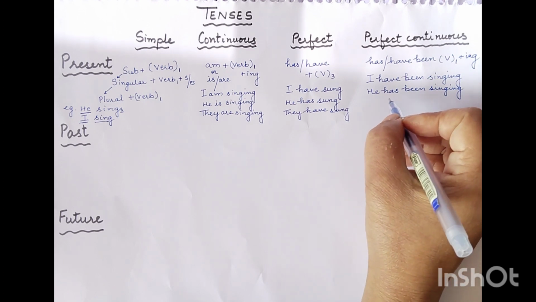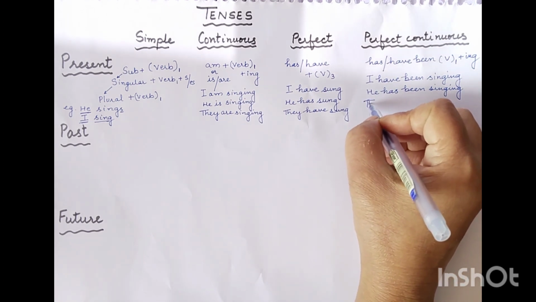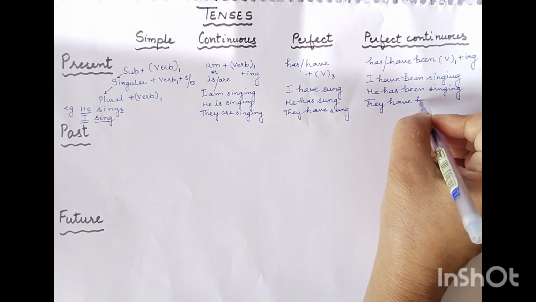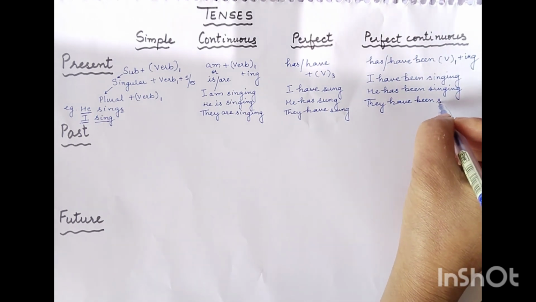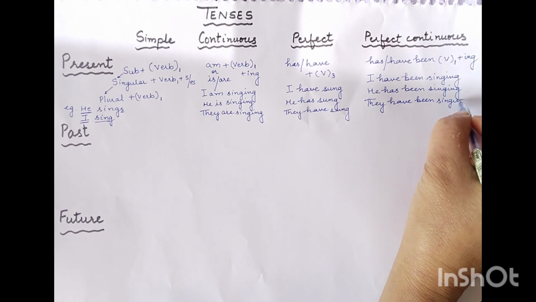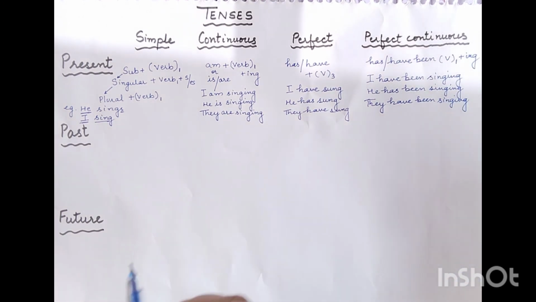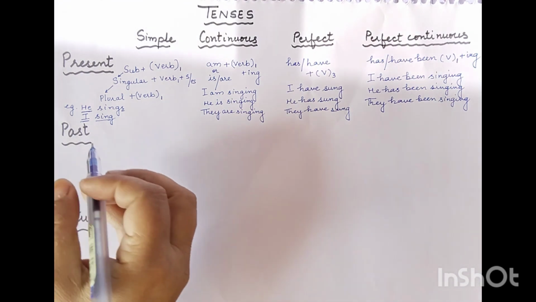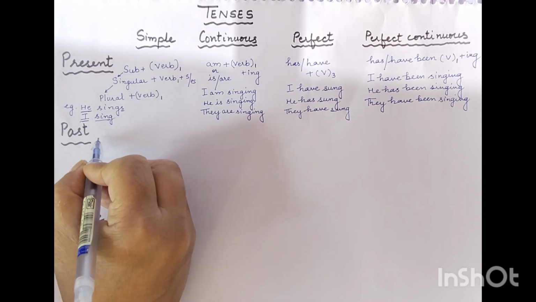Very simple. They have been singing. In this way, you come to know how to write simple present, present continuous, present perfect, and present perfect continuous. I am giving you formulas plus examples. So it is very easy to make the tenses.